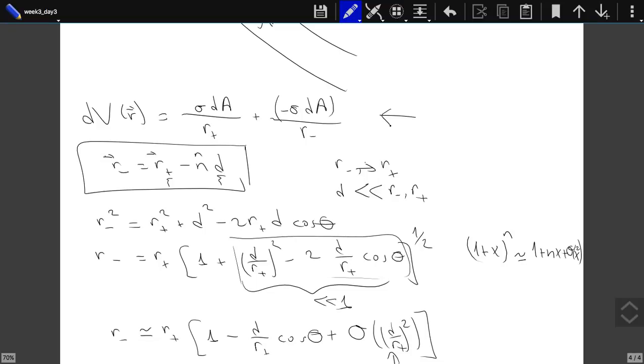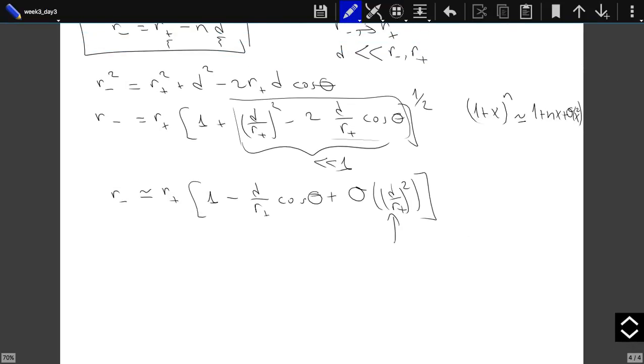D times sigma is finite in the limit that D goes to 0, but then that term is 0. So in the limit that D goes to 0, that D squared over R plus squared terms will not contribute. So this is R plus minus D cosine theta.